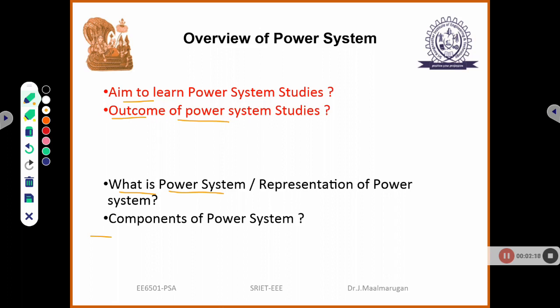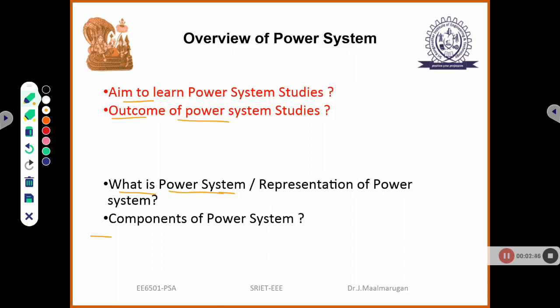You can travel by bus and see the power system: transmission and distribution. The generation to the distribution is called a power system. From the generator to the distribution side, that is called a power system. So how do we represent the power system? That is the concept.